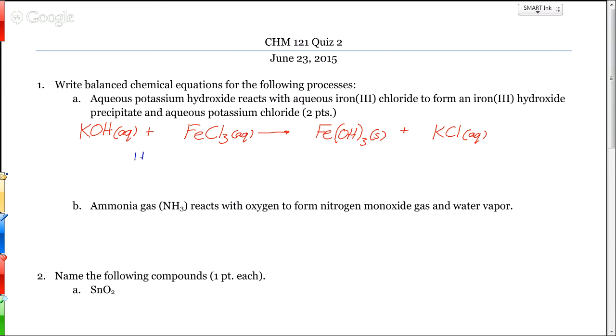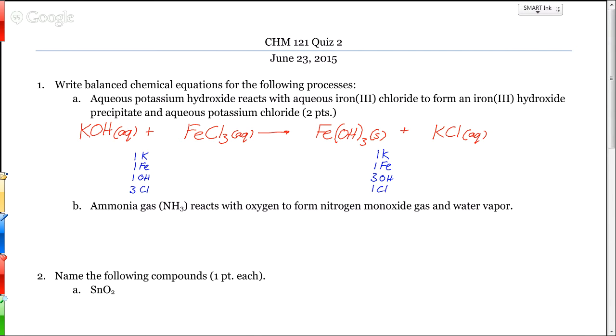On this side, we've got 1 potassium, 1 iron, 1 hydroxide, and 3 chlorines. On this side, 1 potassium, 1 iron, 3 hydroxides, and 1 chlorine. Nothing is shared with more than one compound on either side, so it doesn't matter where we start.